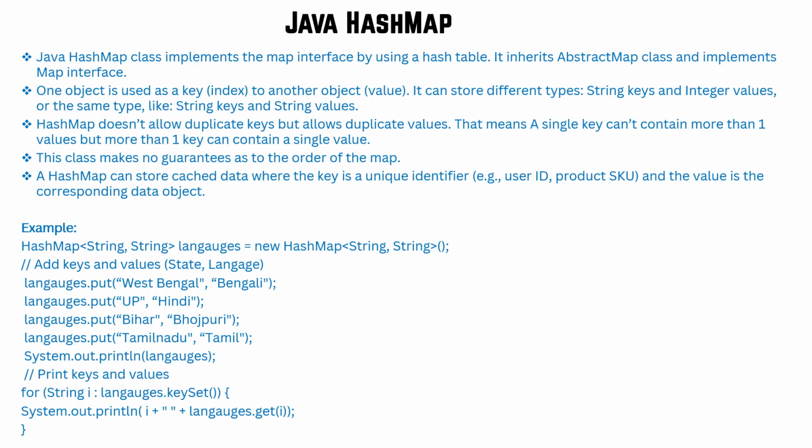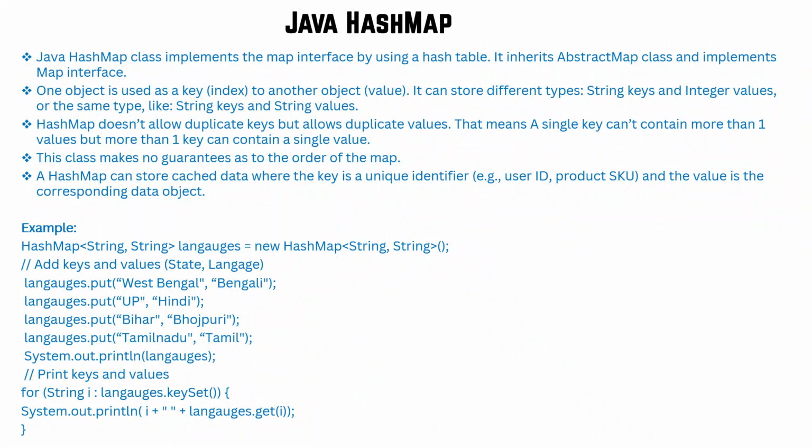You can have state and any language used in the state. You can have a student's roll number and student name. A telephone directory is the best example of a map, like your telephone number and your name. The telephone number should always be unique and the name can be duplicate. So that is the way we can do it with the map.